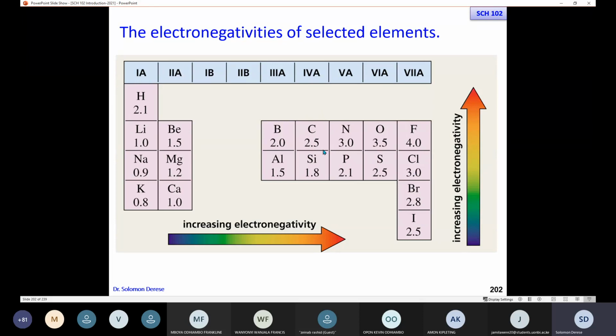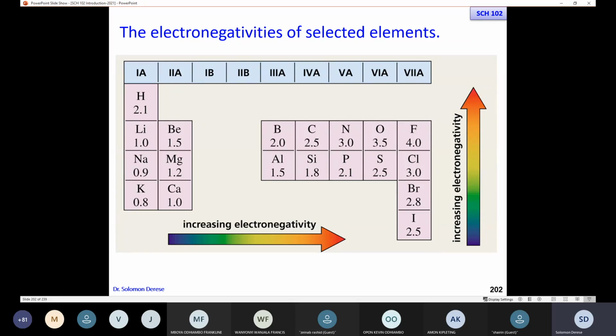Carbon has an electronegativity of 2.5, while hydrogen, the most common element to which carbon is bonded, has an electronegativity of 2.1.